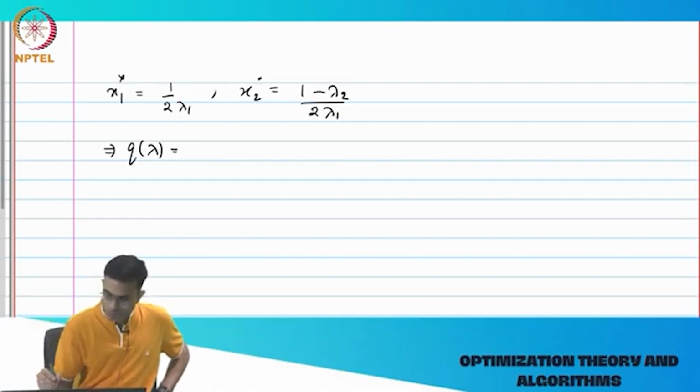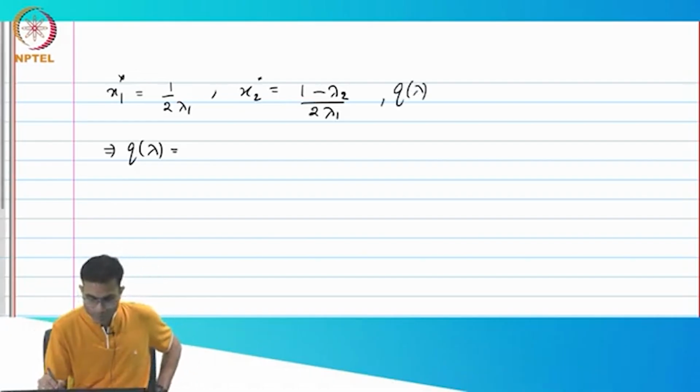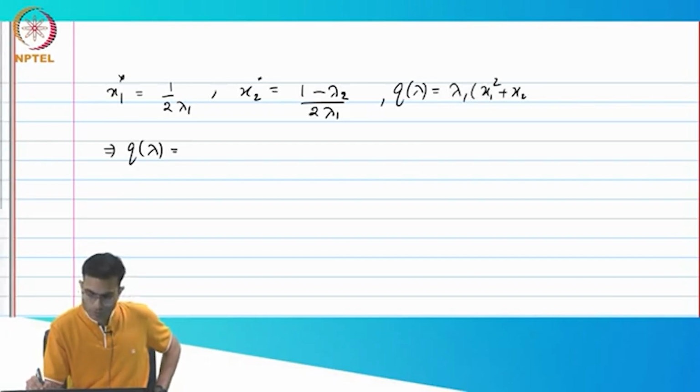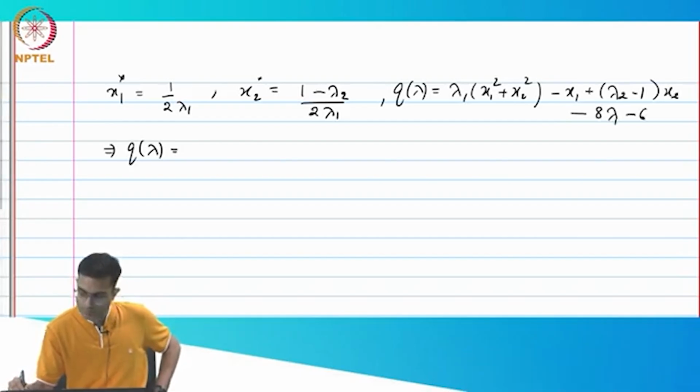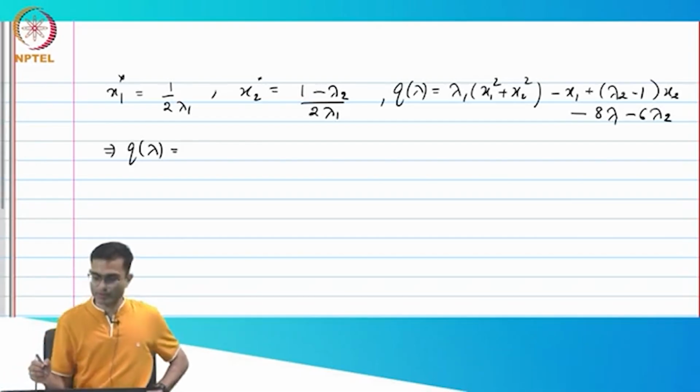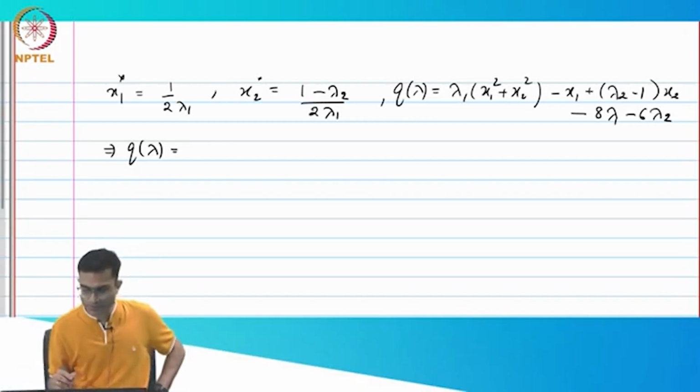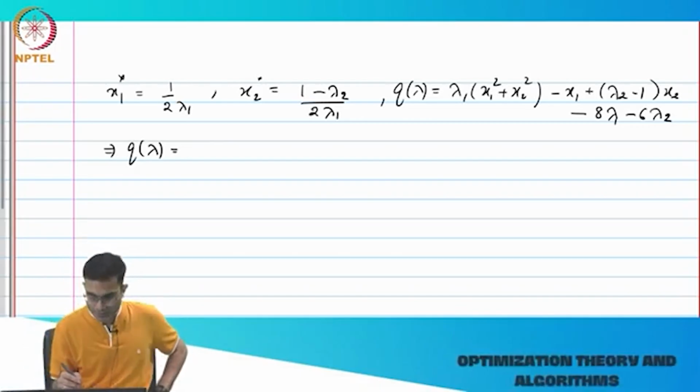So q of lambda, let me write down the expression over here: lambda 1 x1 squared plus x2 squared minus x1 plus lambda 2 minus 1 x2 minus 8 lambda 1 minus 6 lambda 2. Just rewritten it. And now I need to substitute this into this expression.